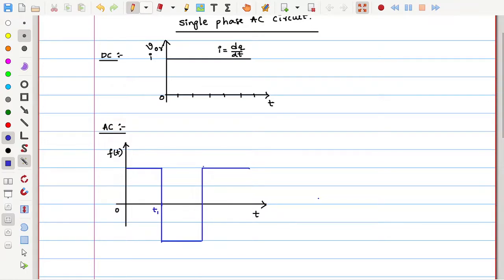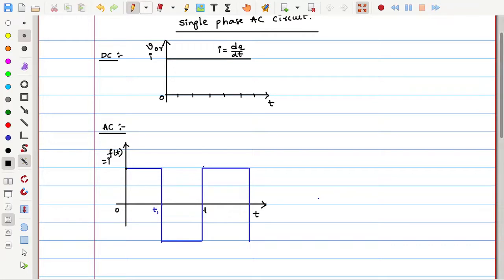Could you observe that the function f of t may be a voltage function or a current function. Let us talk about the current. If the current is constant for this time interval, then after the t1 interval it suddenly changes.